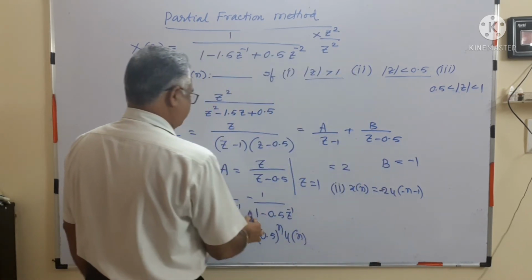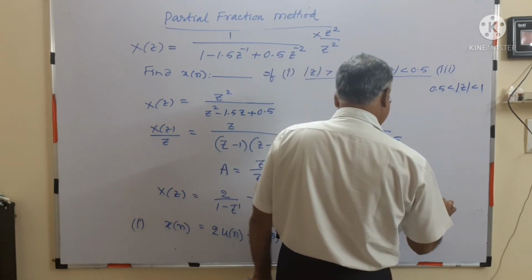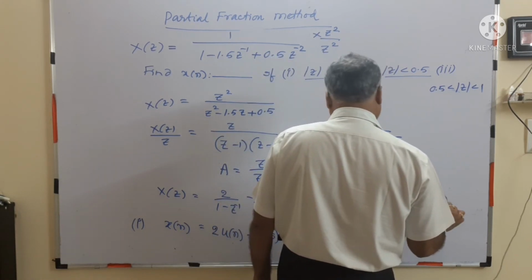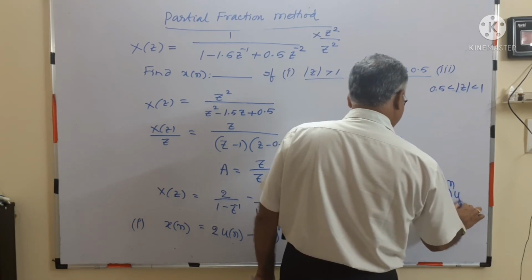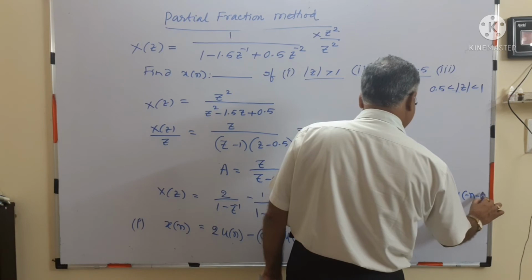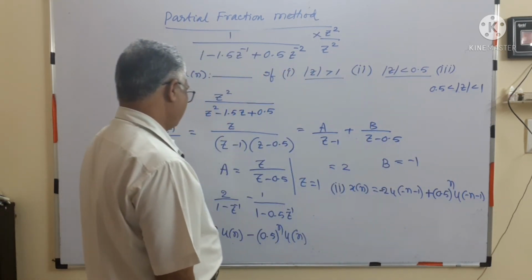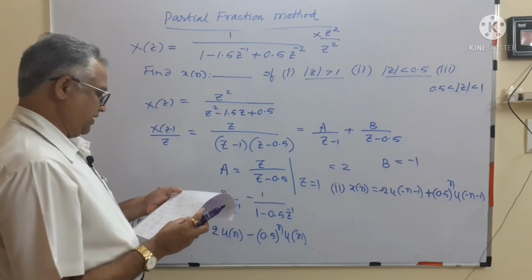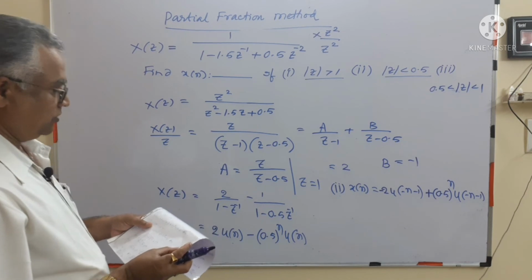Then this is also left side, already here minus is there, so minus plus 0.5 to the power of n u of minus n minus 1. So that is the second answer.